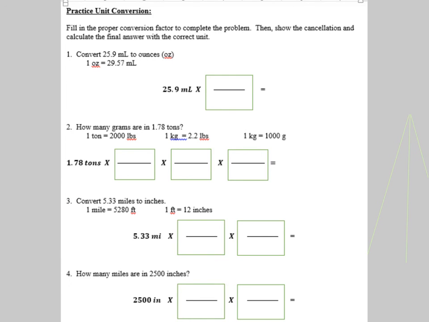So now it's time for you to practice your unit conversions. I have the problems all here, and the equivalent statements needed for the problems. I will let you work it out, and then I will only provide the final answers. I won't necessarily give you the correct conversion factors. So if you're really having problems, come and see me on the next day at school.